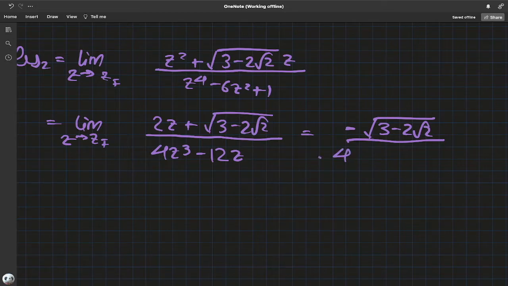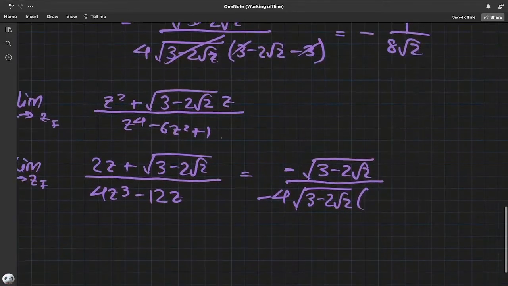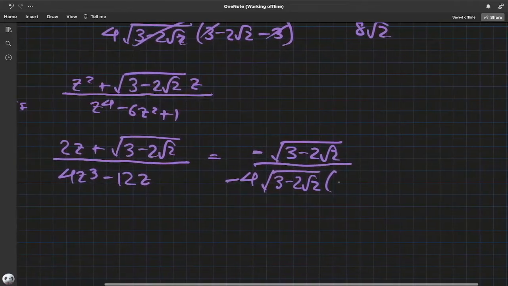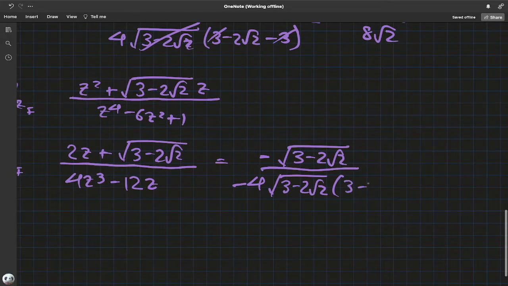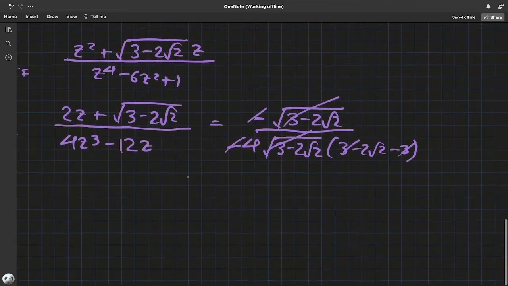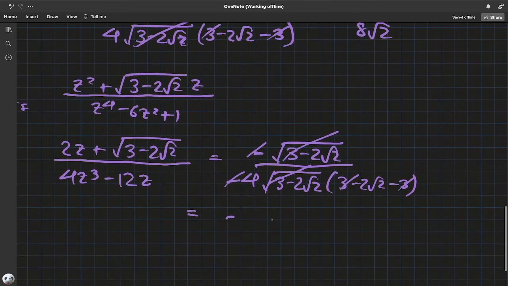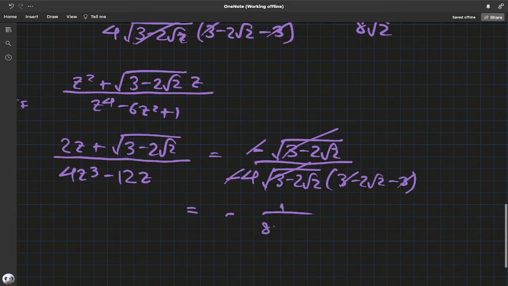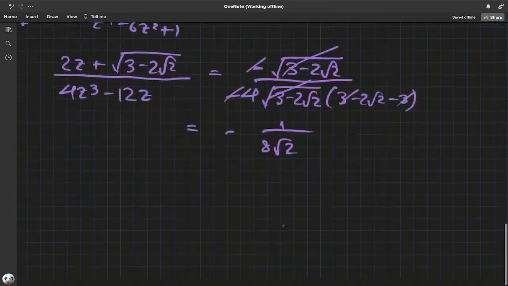So we have 4 times the same thing, z minus plus basically, and then z squared minus 3 like last time is basically the same, because the square of a negative is still, and a positive will be the same. 3 minus 2 root 2 minus 3. 3's cancel out, this negative cancels out, and this factor cancels out. So we are again left with negative 1 over 8 root 2.